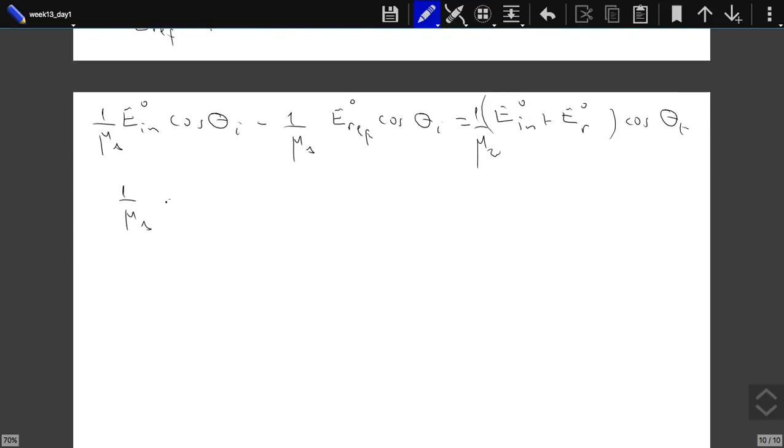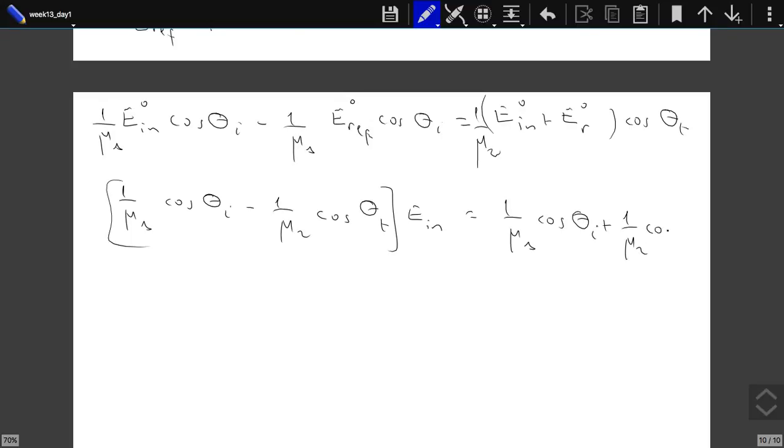So one over mu1 cosine theta I minus 1 over mu2 cosine theta t, times E incident, should be equal to 1 over mu1 cosine theta I plus 1 over mu2 cosine theta t, times E reflected. So we know E reflected.